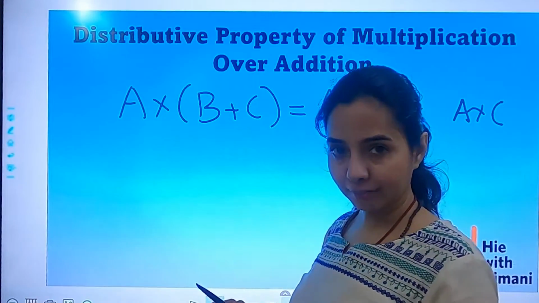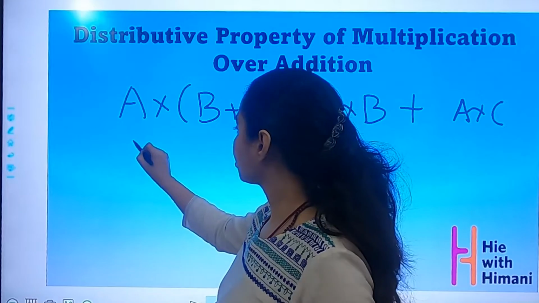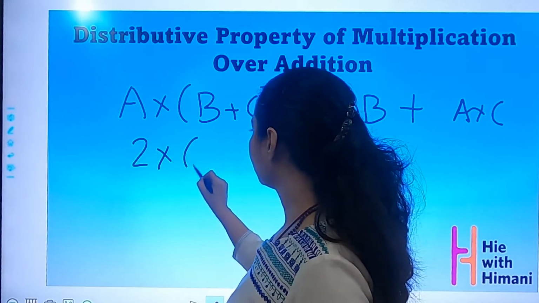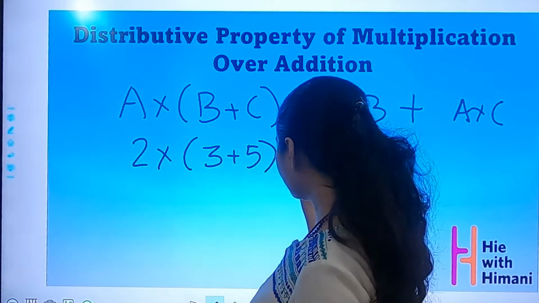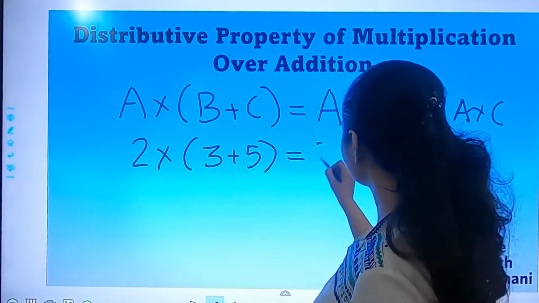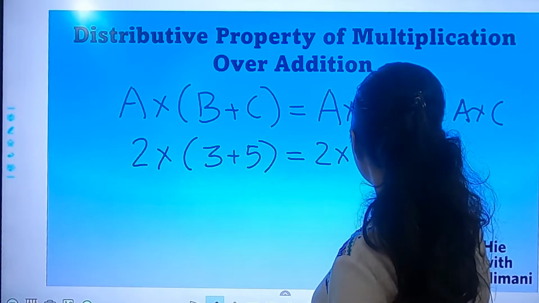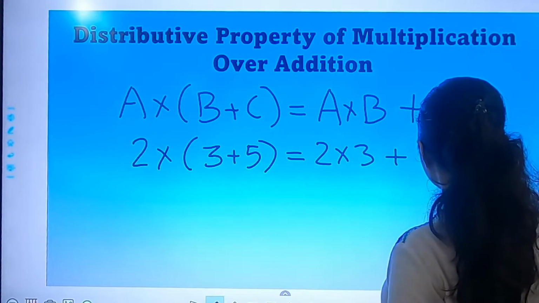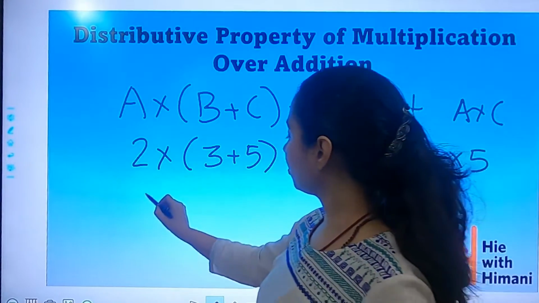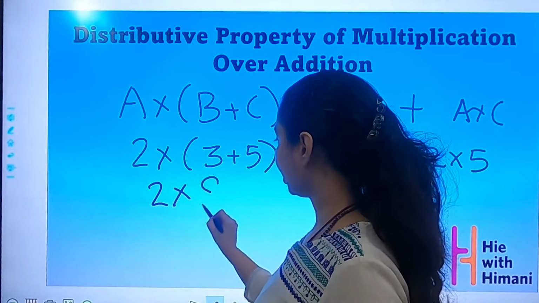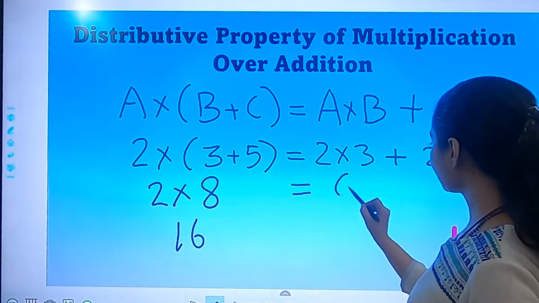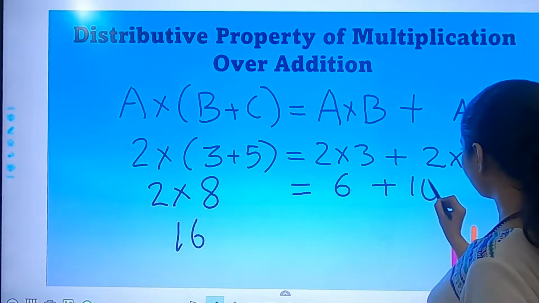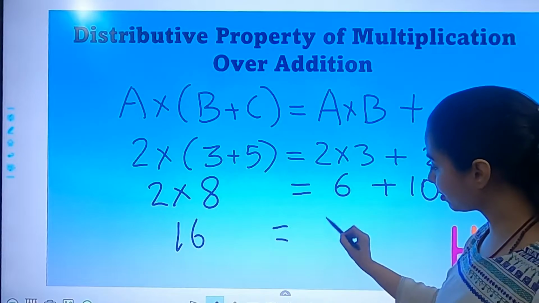Let's take a simple example to understand this. 2 into 3 plus 5 is equal to 2 into 3 plus 2 into 5. 2 into 8 is equal to 16. 2 times 3 is 6, 6 plus 10 is also equal to 16.